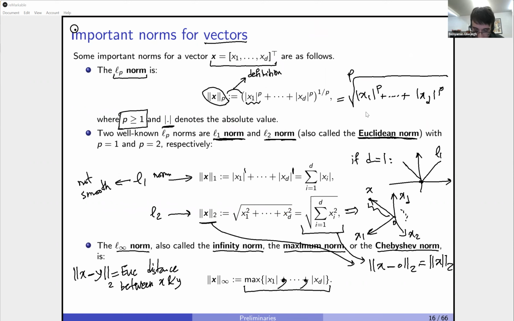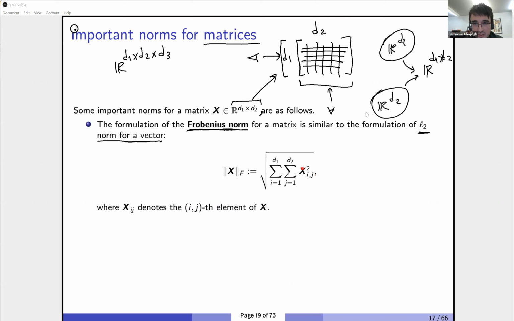But in a matrix, we have both rows and columns. So x_ij means the ith row and jth column of X. You square it, sum over all rows and columns, and then take the square root. So this is the Frobenius norm. As you see, it's very similar to the L2 norm, but this is for matrices.